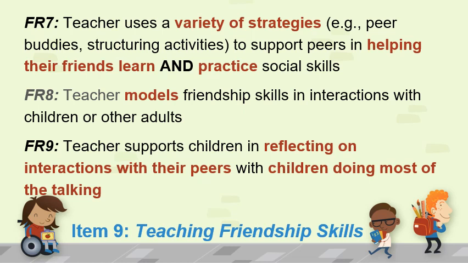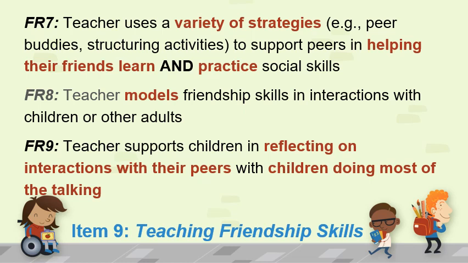FR8, the teacher models friendship skills in interactions with children or other adults. So to obtain a yes, you must label something that you do as being a friendship skill. For example, you may say, I am being a good friend.